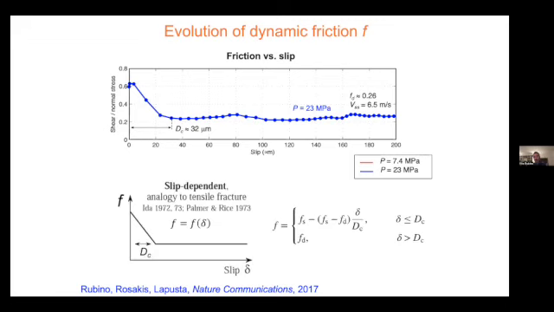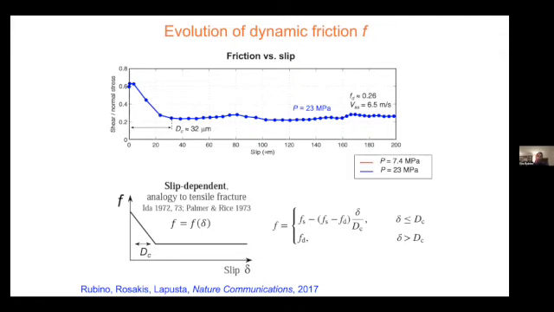This is very similar to well-known linear slip weakening laws, which have been used in numerical simulations for a long time because they are very easy to implement and very convenient.